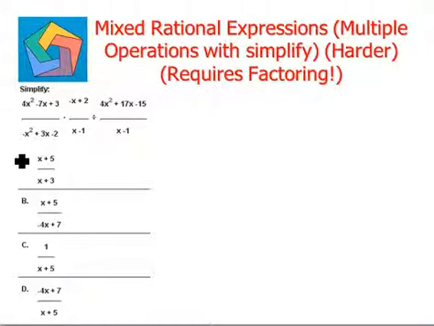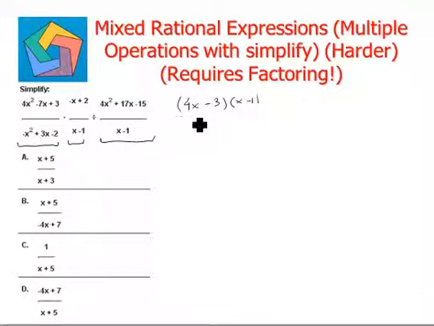Simplify. We have one expression multiplied by the other divided by another expression altogether. So let's see how we can simplify this. In the first numerator, we can factor it as 4x minus 3 times x minus 1 divided by negative x plus 2 times x minus 1.